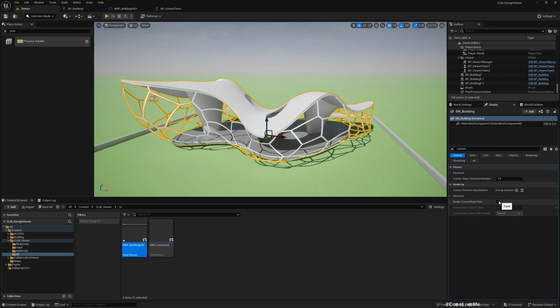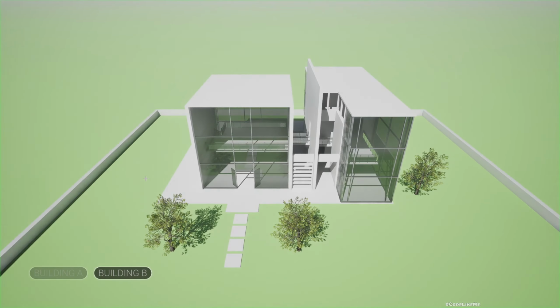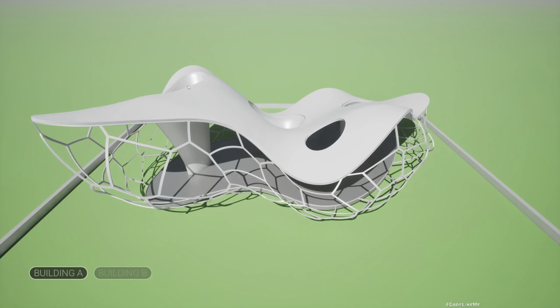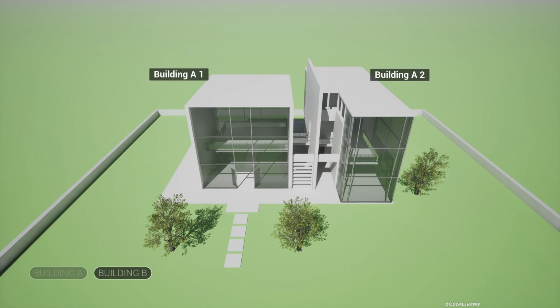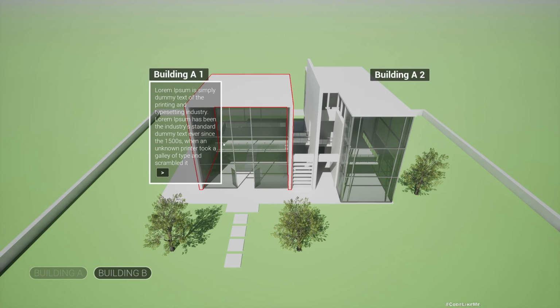Here, make it 1. Now for building B, now it's highlighted in red, and this is still red because the custom depth stencil value is 0. So if you want a different color, you can use another value there for these meshes as well.